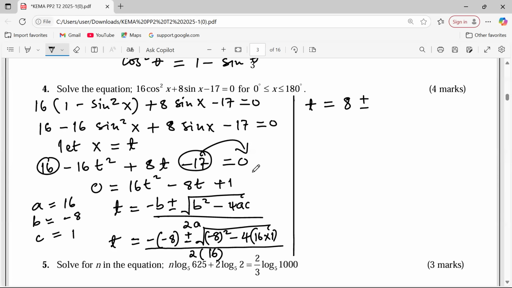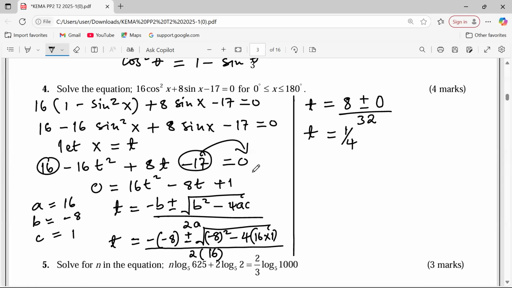So minus 0. The square root of 0 is just 0. Minus 0 that way. This is out of 32. So the value of T is 8 over 32, because whether we add or subtract 0, 8 remains the same. Therefore, we shall be getting T as a quarter.